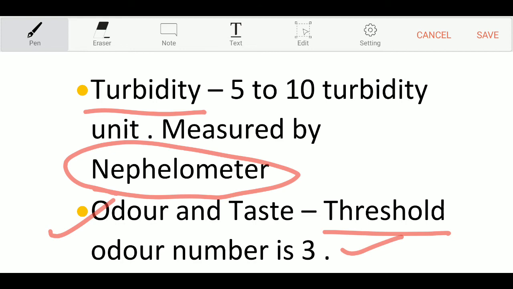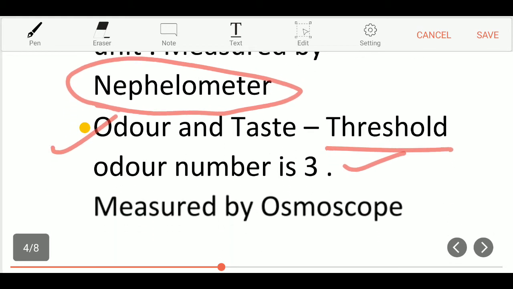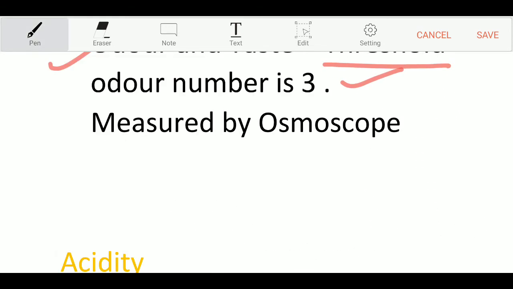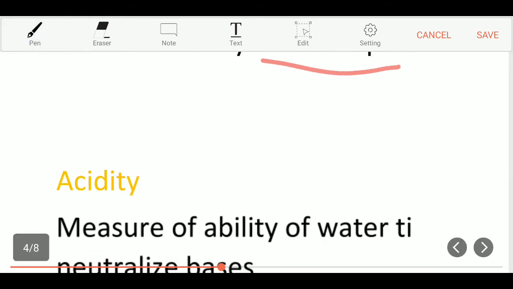TON equals A plus B by A. It's a formula. A plus B in the numerator is nothing but the capacity of the osmoscope, that is 200 ml. The drinking water standard is less than 3. Here it is measured by osmoscope.